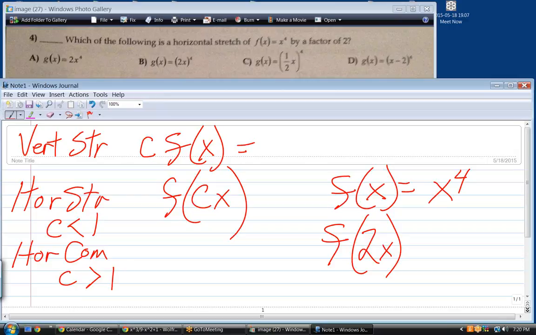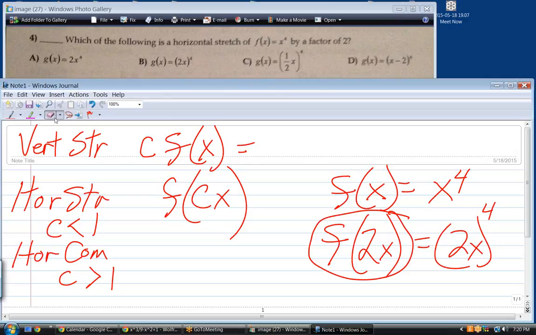Would it just be 2x to the 4th? Which answer? B. Good. Because A says the same thing, but it's the quantity 2x to the 4th. In other words, there's a difference between A and B here. In B, the 2 is taken to the 4th power also. The way you solve this is just to plug in 2x wherever you see x. So 2x quantity to that 4th power.